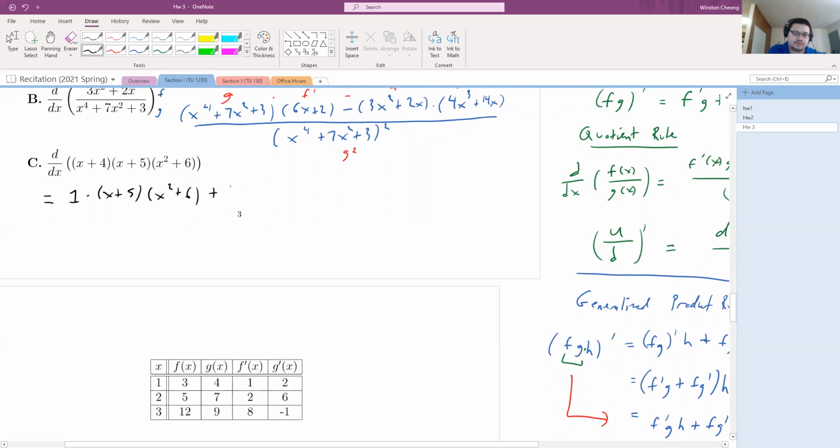That's also just going to be 1. So, maybe I will actually write 1. Right? Show my work. And then the last guy, I've got the x plus 4, x plus 5, and then a 2x. So you should know that the derivative of the x squared is the 2x. Okay. And if you wanted to, you could clean it up, but I'm just going to leave it like that.